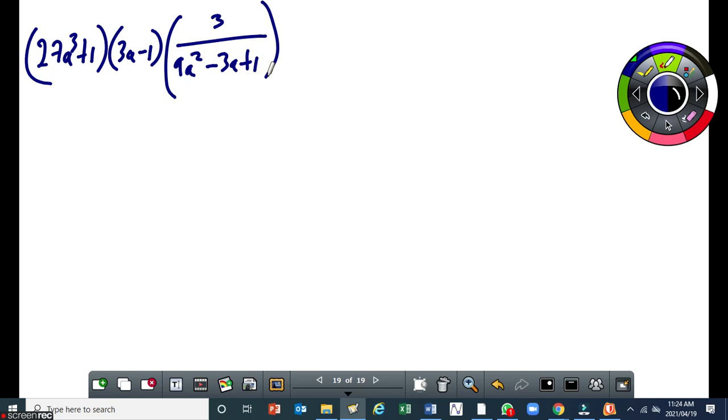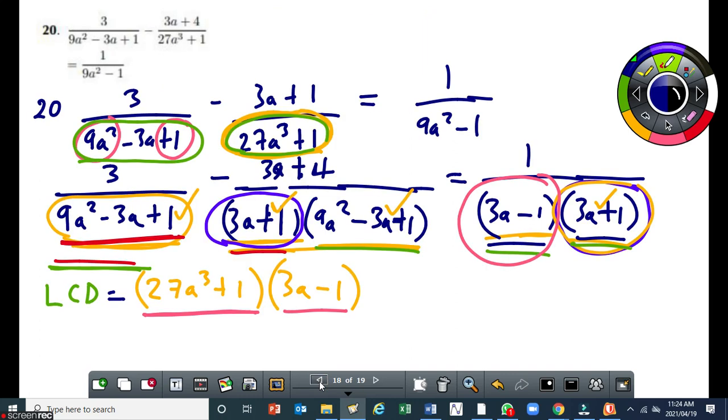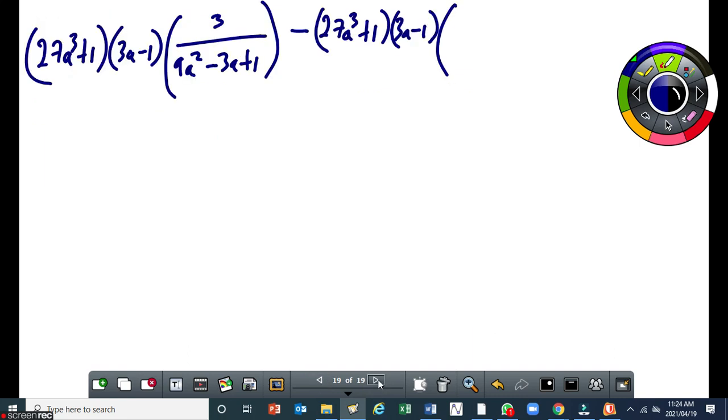Then I'm going to multiply the second term by the LCD. So we have 27a cubed plus 1 times 3a minus 1, all multiplying the second term on the left, which is 3a plus 4 all over 27a cubed plus 1.